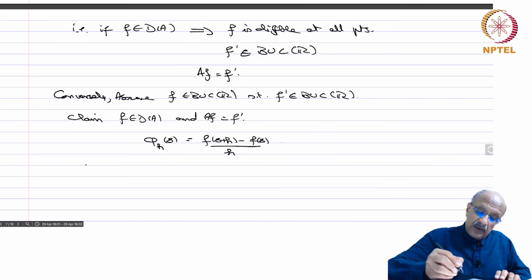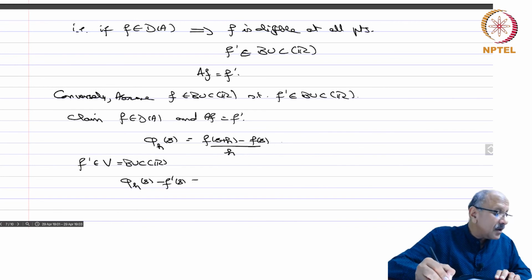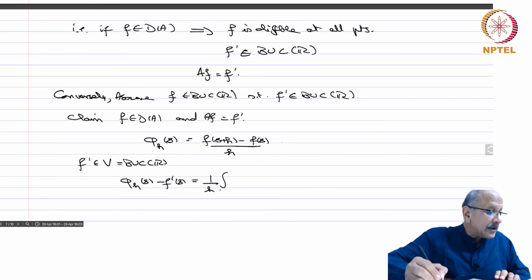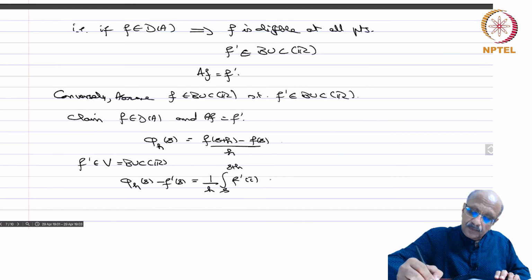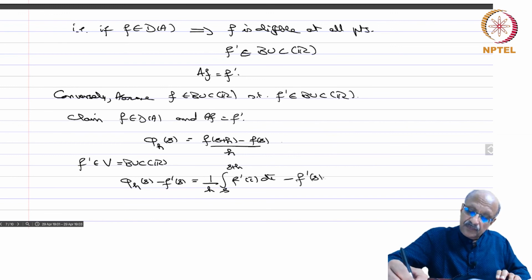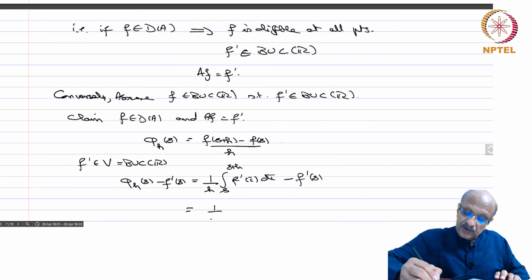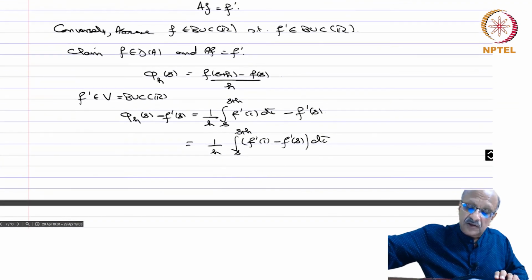Now f dash belongs to V, which is BUC of R, bounded uniformly continuous functions on R, and therefore phi h of s minus f dash of s equals 1 by h integral s to s plus h of f dash tau d tau, that is just the fundamental theorem of calculus, minus f dash of s, and that is equal to 1 by h, again integral s to s plus h of f dash tau minus f dash of s d tau, because f dash of s is a constant as far as this integration is concerned.